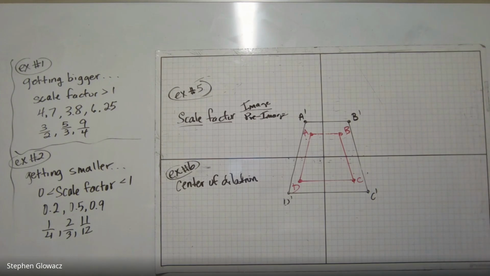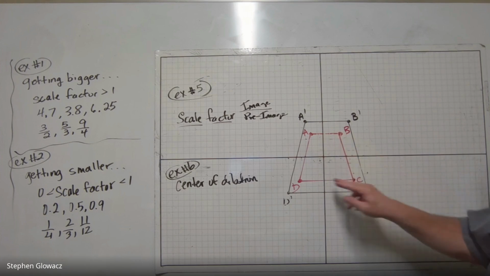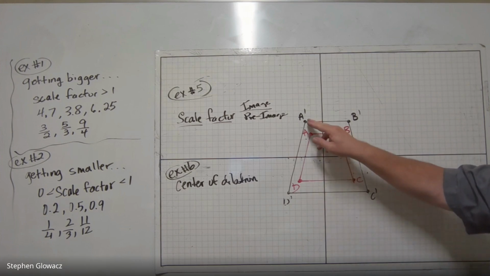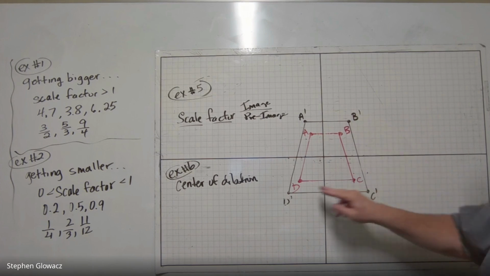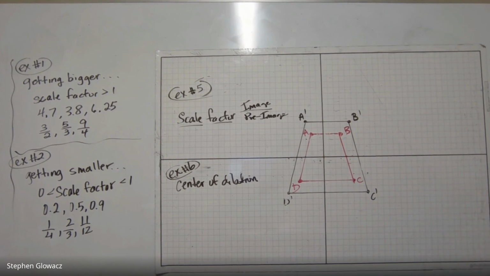Okay, so we have our pre-image A, B, C, and D, and we have our image A prime, B prime, C prime, and D prime. So what we want to do is find, first of all, the scale factor. That's number 5.